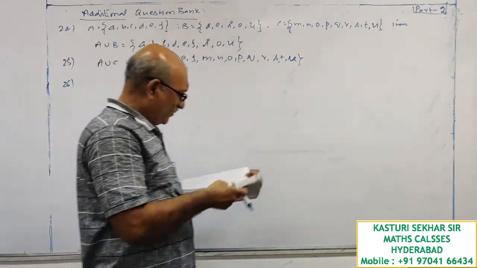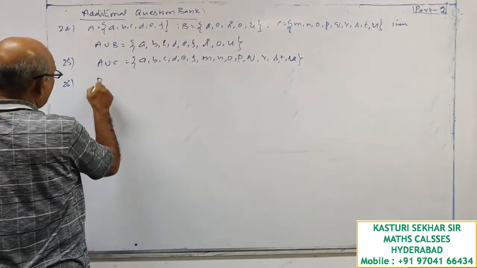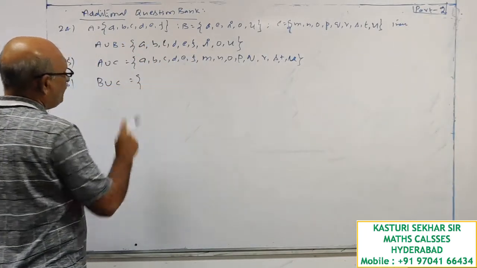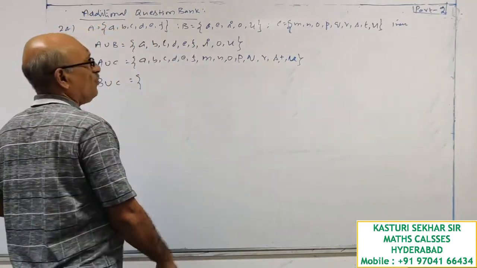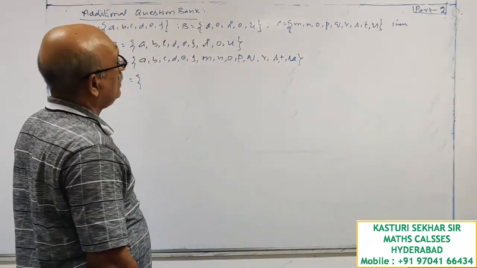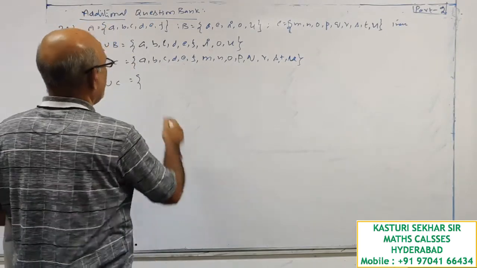Question number 26. It is B union C. Elements of B or elements of C or both. Once again, double counting means any element which is repeated is included one time only.